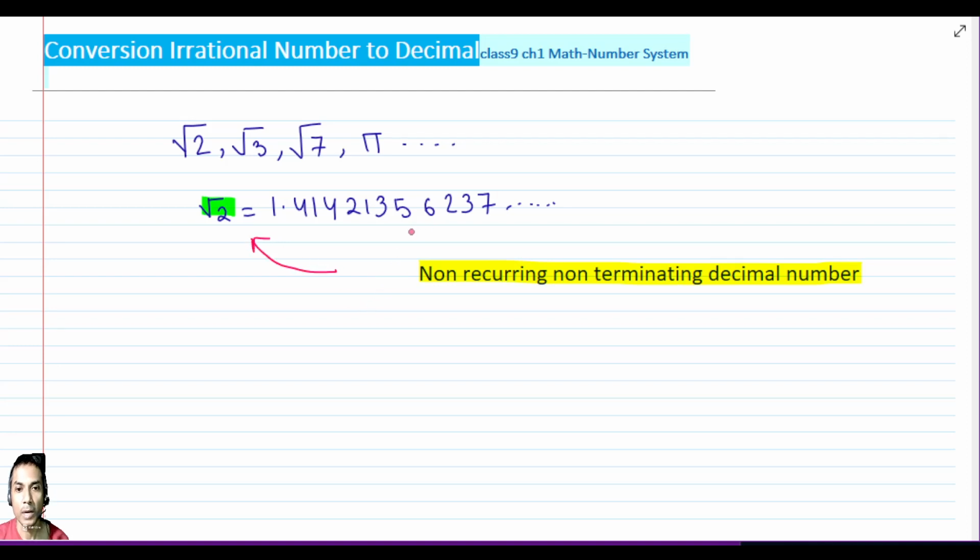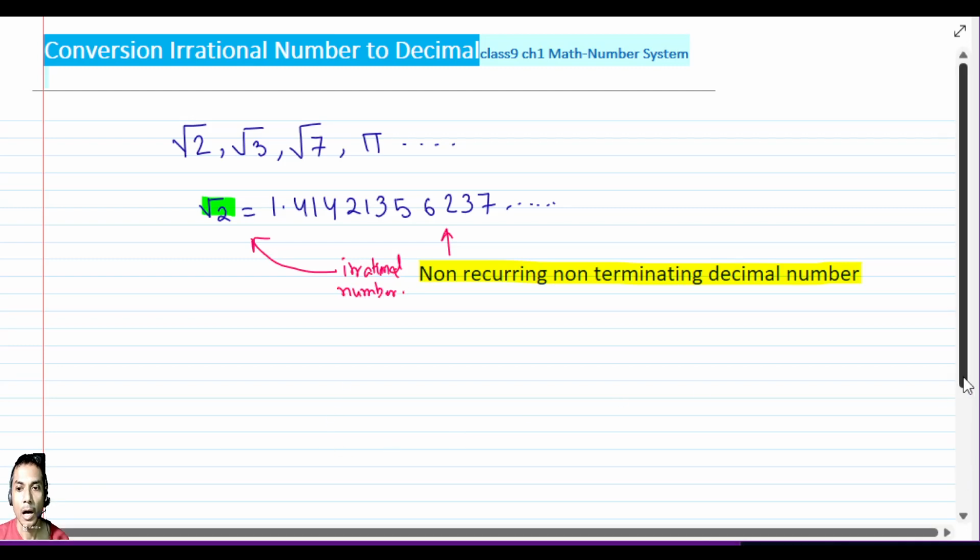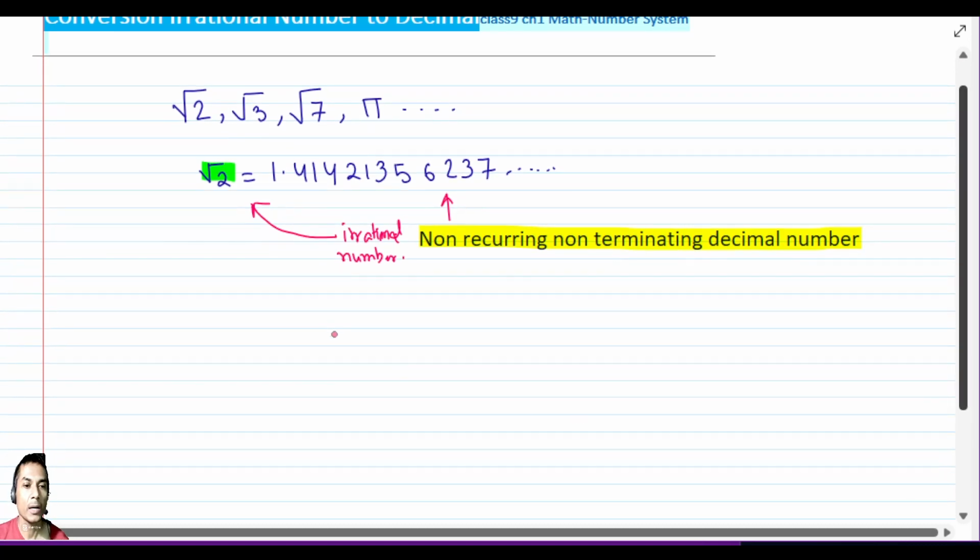And when we convert into the decimal, we get this. So this is the irrational number. Clear?